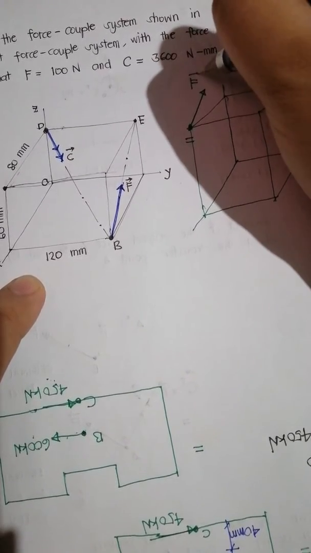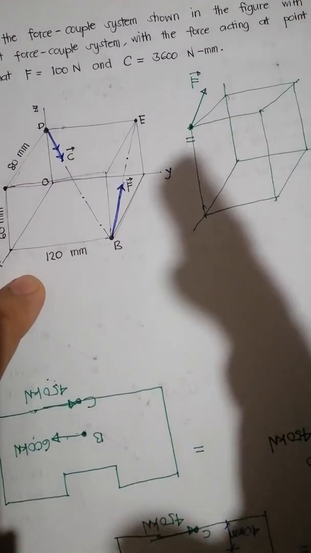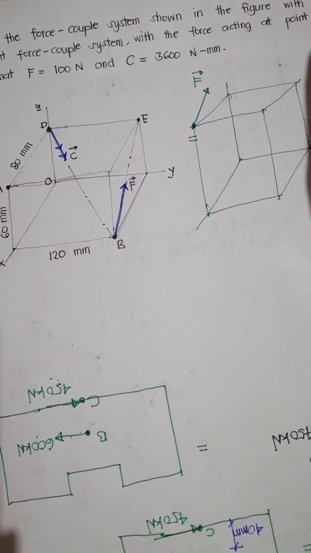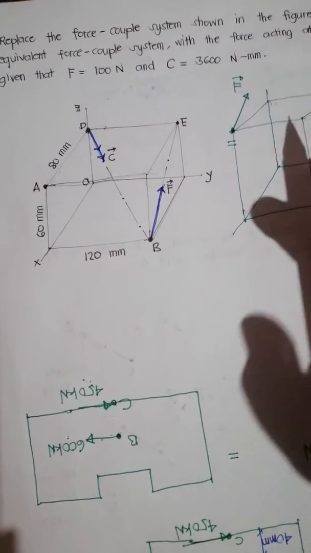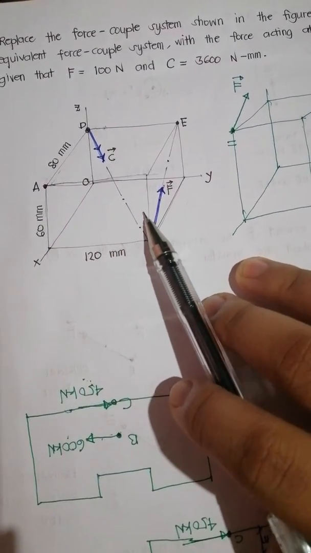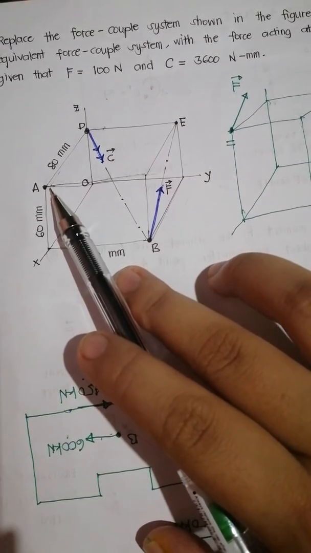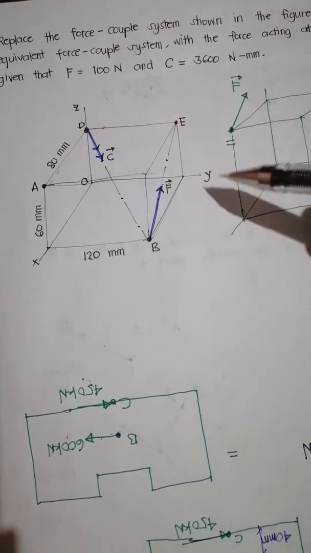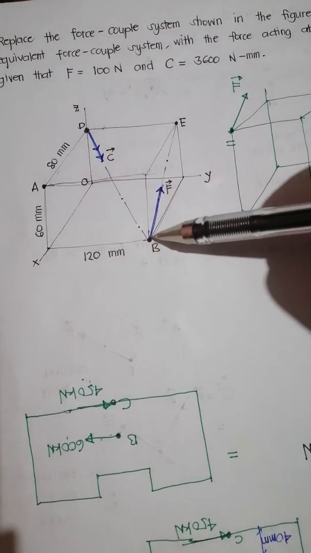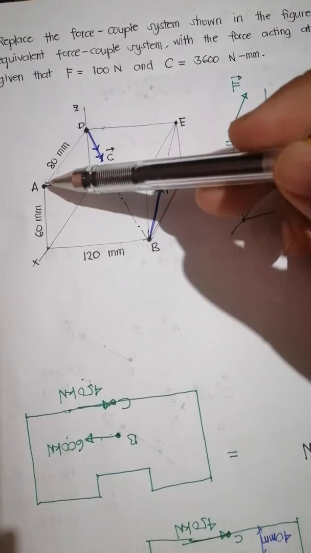But again, every time you transfer a force vector from one line of action to another, a couple of transfer is always formed. You have to imagine the common plane of force F and point A, so that with that rotation from force F to A, the couple formed is the moment of the force about the transfer point.